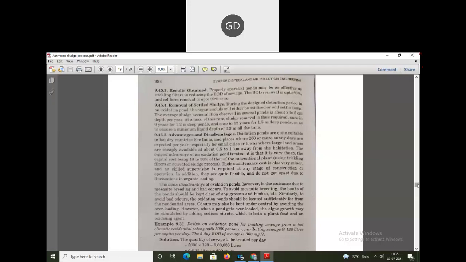There are also some disadvantages. Since it is an open flow channel, there can be breeding of mosquitoes or bad odors. You can avoid mosquito breeding by keeping the banks of the ponds clear, and clearing the grasses or bushes growing beside the oxidation ponds.